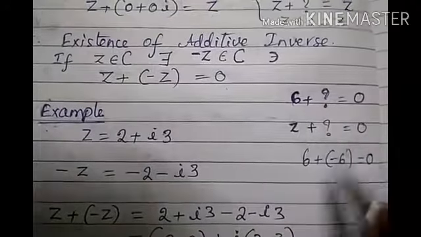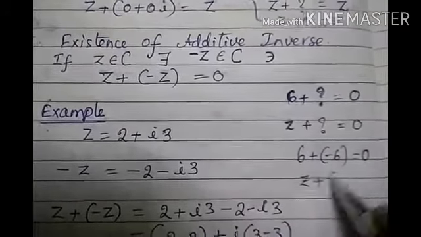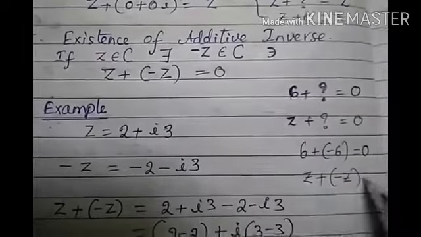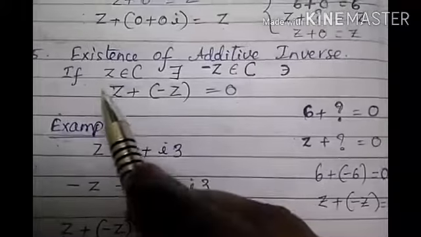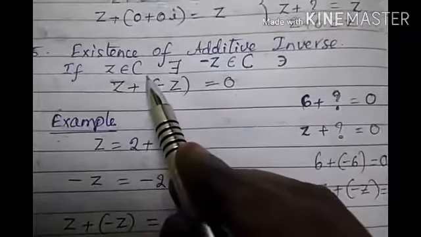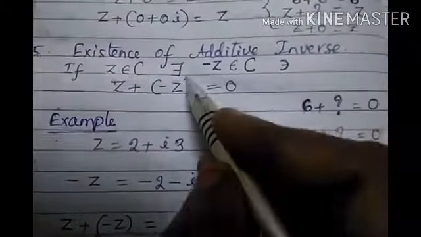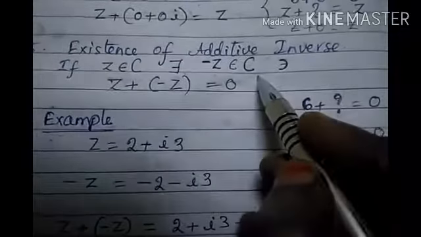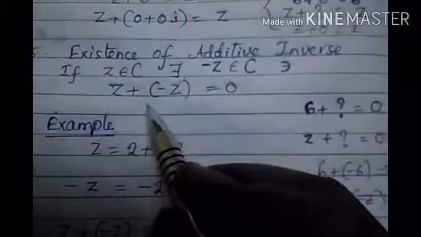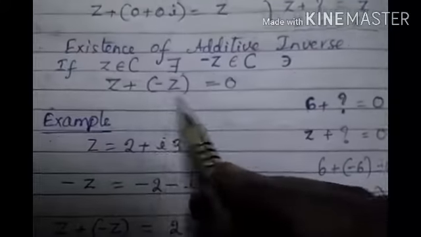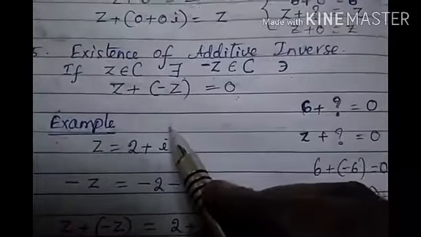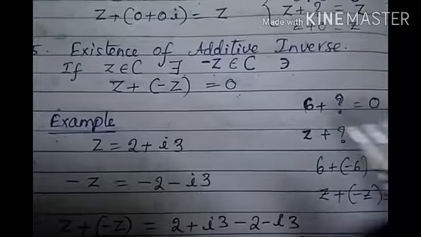In the same manner, z plus minus z gives 0. That means if z belongs to C, there exists minus z belongs to C such that z plus minus z equal to 0. In such a case, this minus z is called additive inverse.